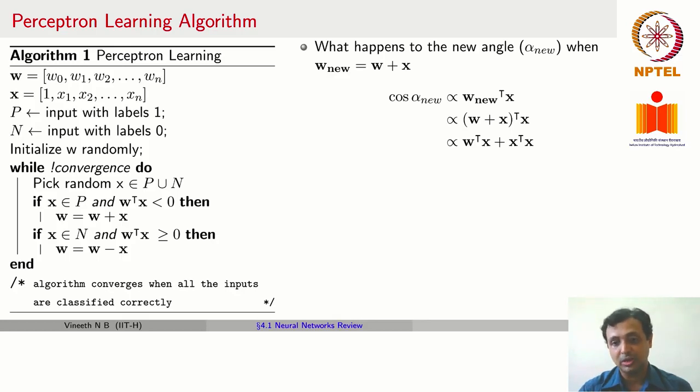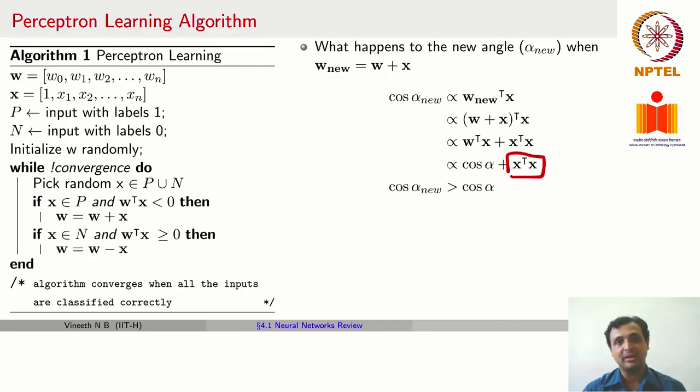This can be written as w transpose x plus x transpose x, which is proportional to cos alpha plus x transpose x, because we know that w transpose x is proportional to cos alpha. Since x transpose x has to be a positive quantity, because it's a dot product of a vector with itself, so all values get squared and added up, you know that cos alpha new has to be greater than cos alpha.